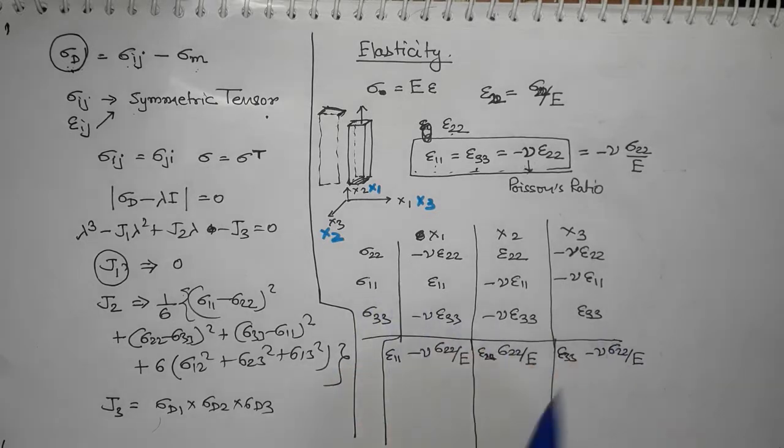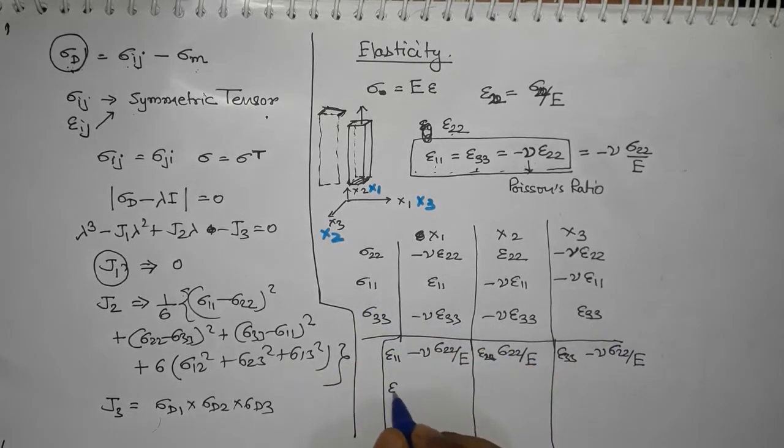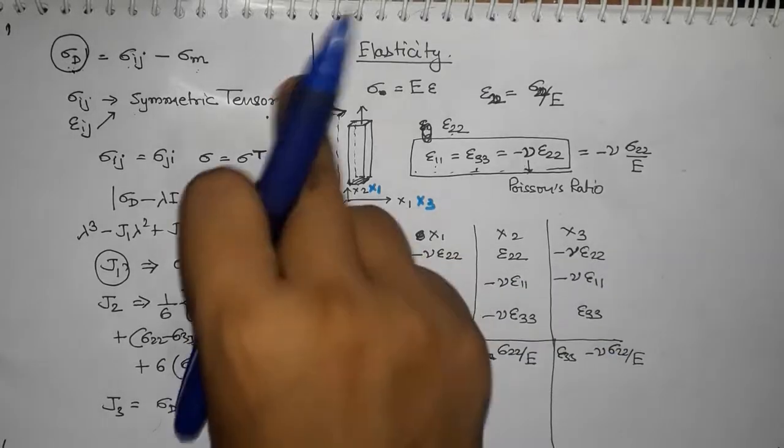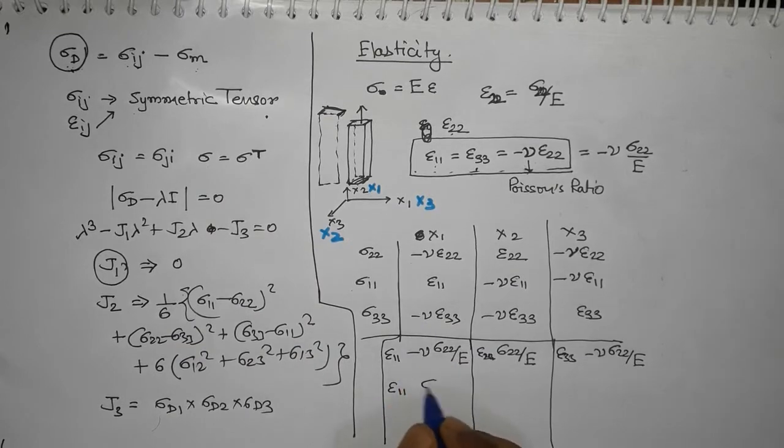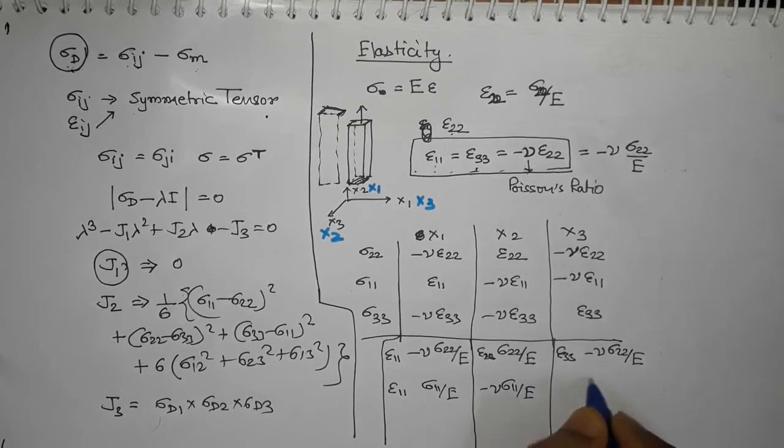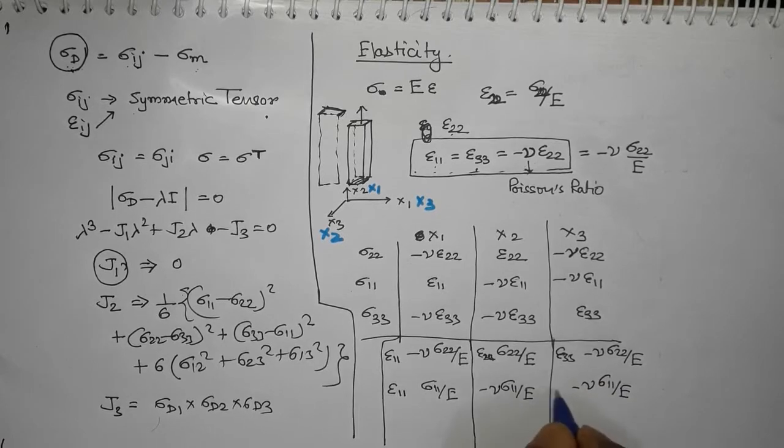So now we will do it for all cases. So epsilon 1 1 will be equal to sigma 1 1 by E in this case, because the stress was in the x1 direction, and this will become minus mu into sigma 1 1 by E. This will become minus mu into sigma 1 1 by E. Okay, and again this is epsilon 3 3, epsilon 2 2, epsilon 1 1.